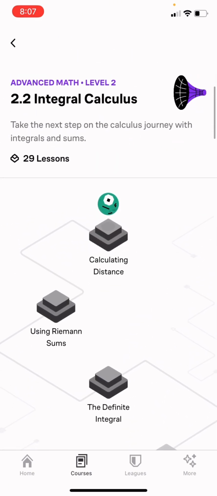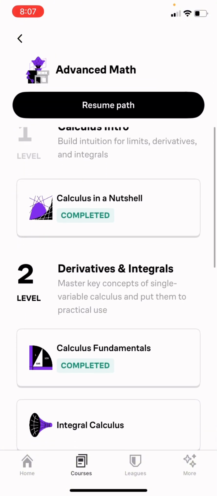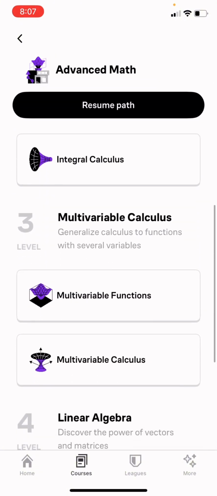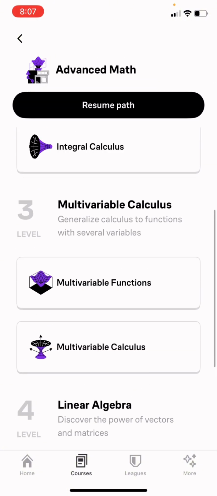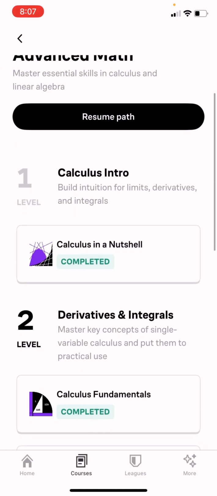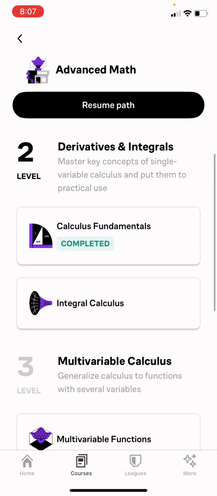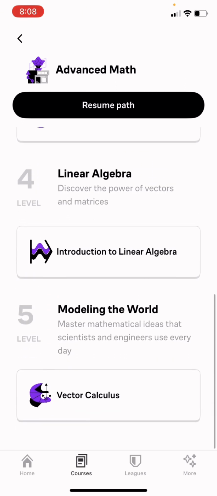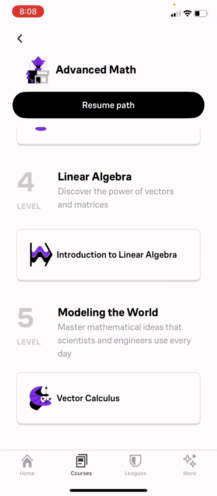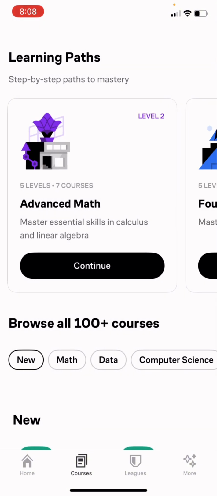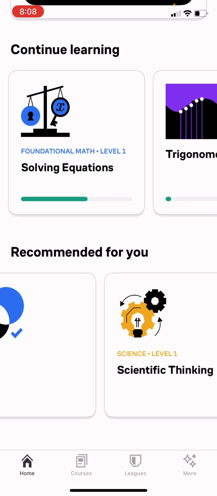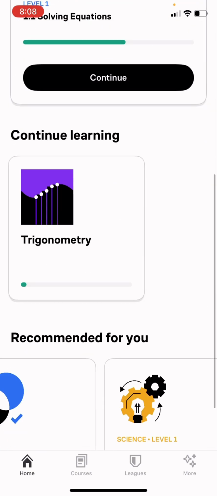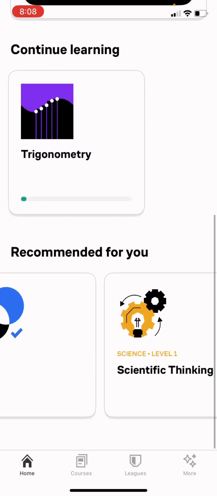How far am I in this again? I think I've only done 2. Yeah, there are multiple in certain levels. This was calculus in a nutshell, and I finished fundamentals and integral, multiple calculus, linear algebra, vector calculus.